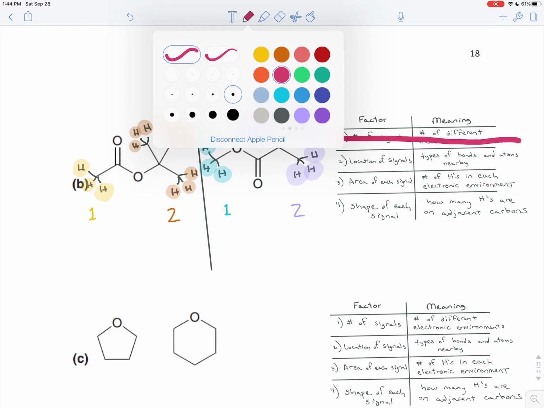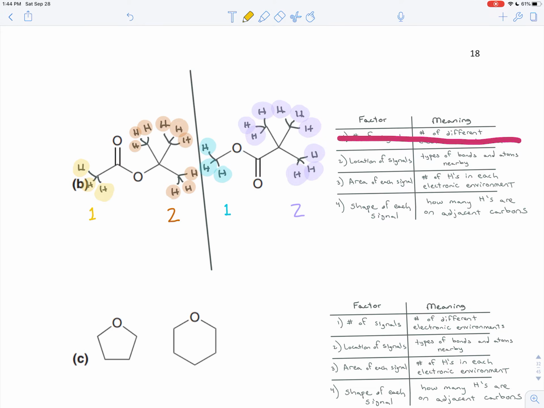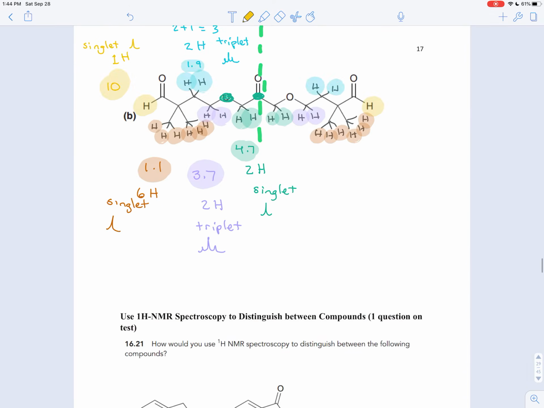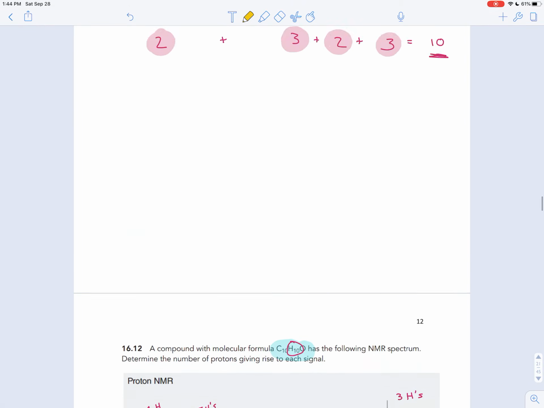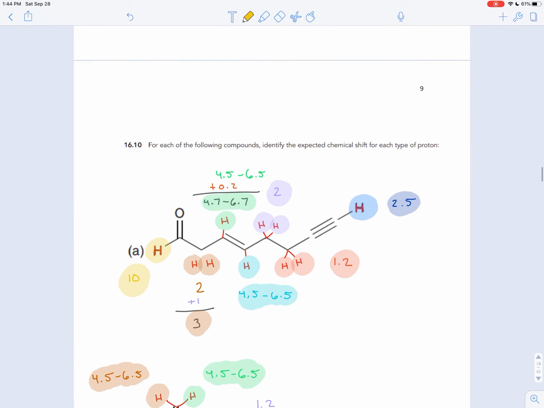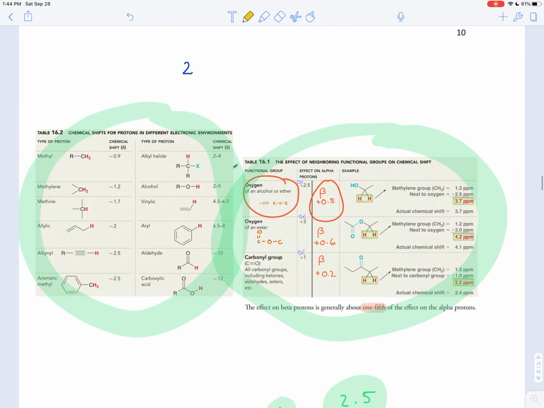So let's look at the second factor, the location of the signals. In the left molecule, these yellow hydrogens, that's a CH3, and so normally you'd expect a CH3 to show up at 0.9. This is coming from those tables that we used in a previous problem, tables that had listings for the different chemical shifts. So these tables right here.